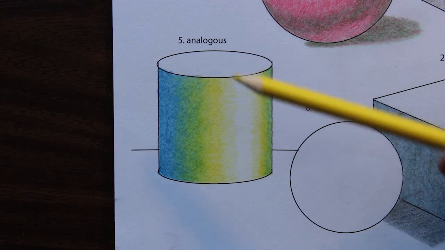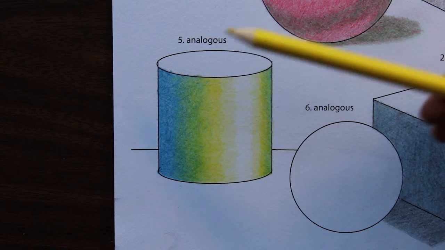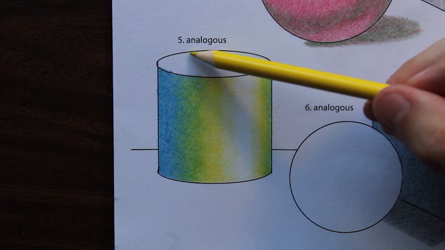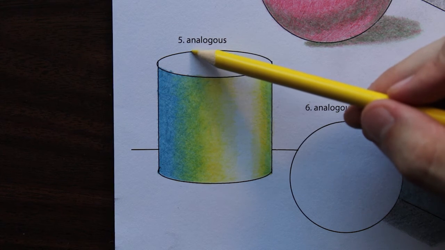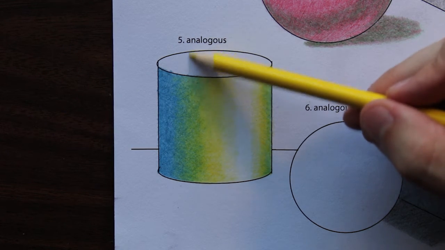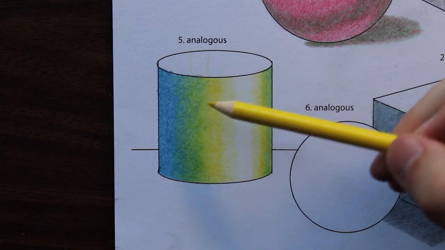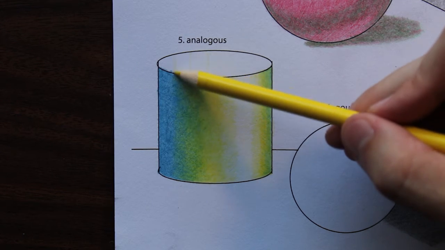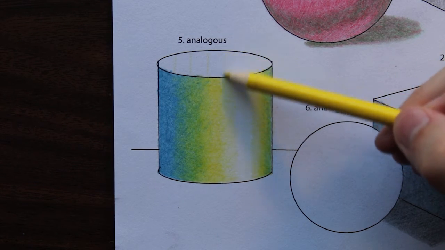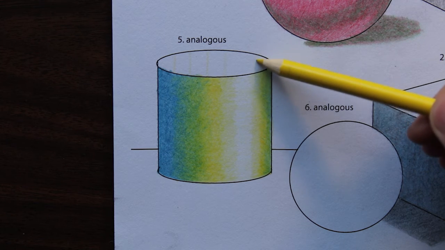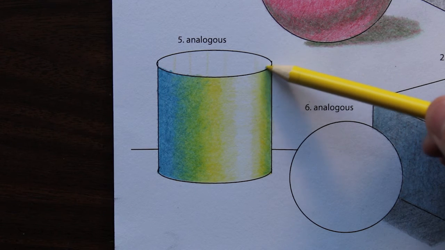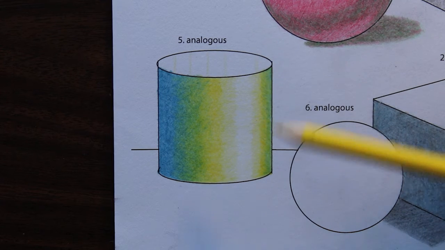And now in our cylinder, we can begin to work out the value areas on that inside. So it's going to be just the opposite of what we did on the outside, having our highlight right around here, quarter tone sitting just next to it, then our mid-tone being in this range, and the base tone finishing off right around the edges.